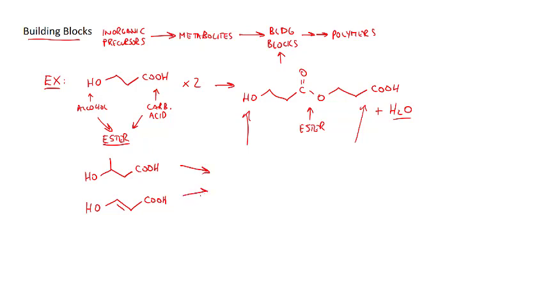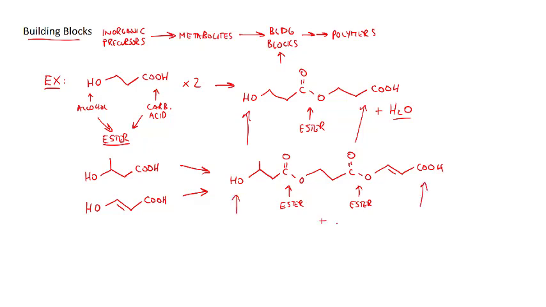And so by mixing and matching our molecules, we would end up with similar linkages once again. Now we have two esters, but we still have our complementary functional groups, our OH and our COOH, and we would lose two waters as a byproduct. So this is what building blocks look like in biological space.